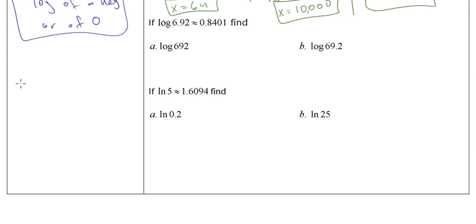It's saying that the base of 10 to the 0.8401 power is roughly equal, not equal, I shouldn't write equal, to 6.92. If we change that from logarithmic form to exponential form, here's what that is saying.